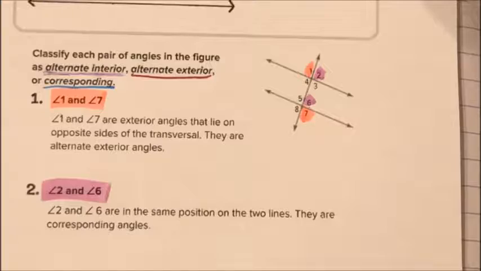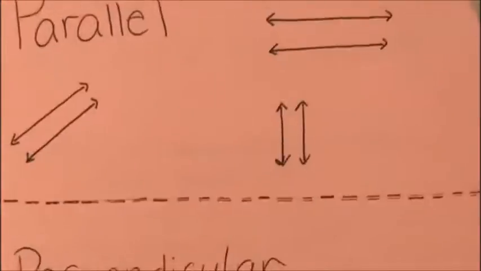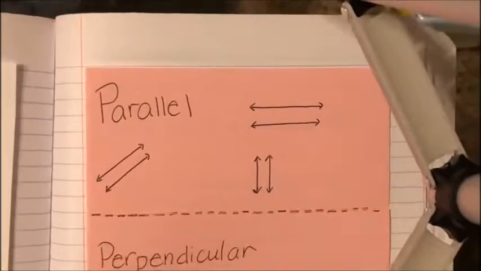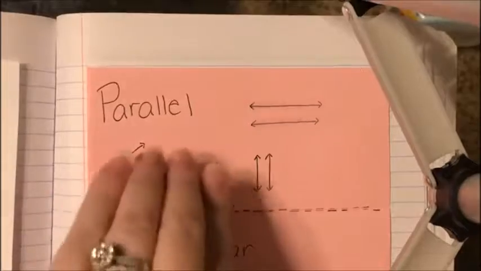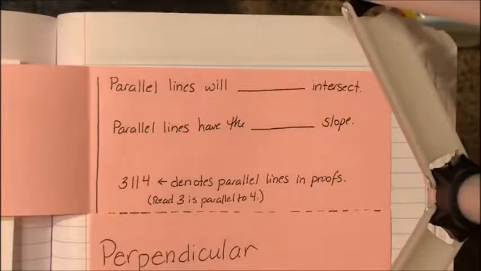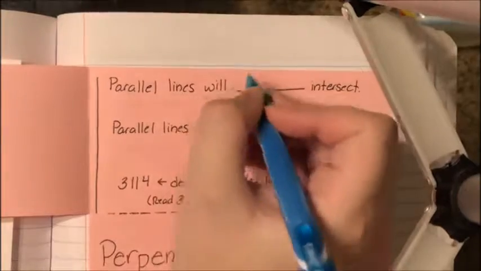Okay. Now on page 117, you have this pink foldable. This pink foldable goes over parallel, perpendicular, and intersecting lines. So parallel lines. In the first blank, you're going to write never.